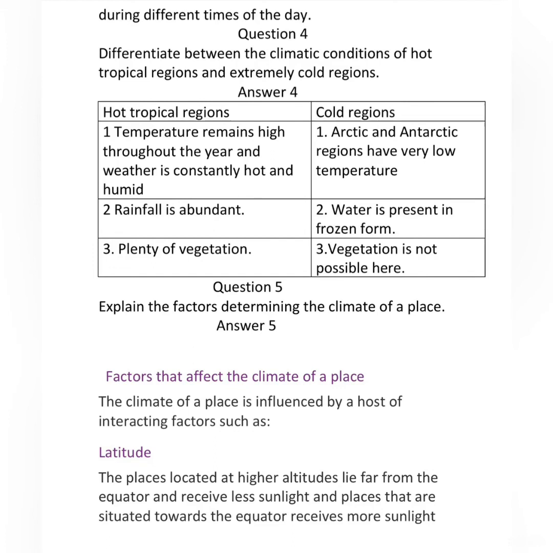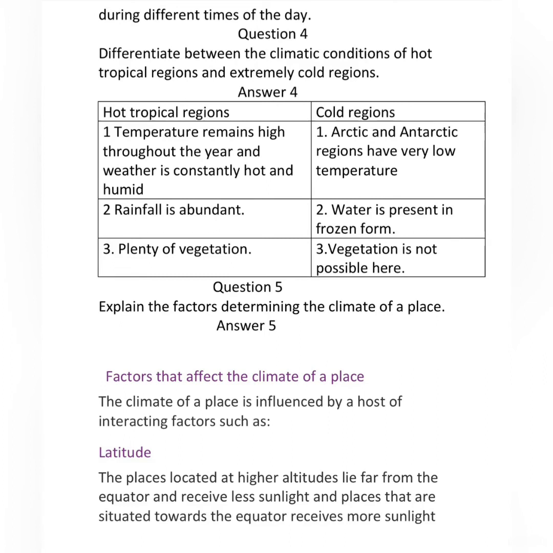Rainfall is abundant and plenty of vegetation is there. And in cold regions like the Arctic and Antarctic regions, the temperature is very low and water is present in frozen form and vegetation is not possible there.